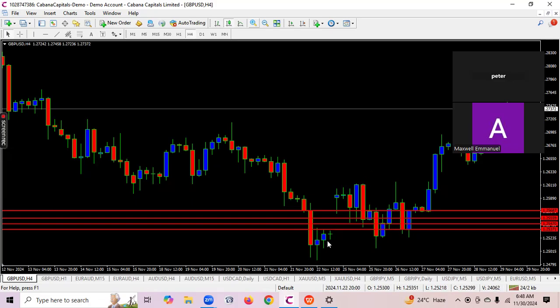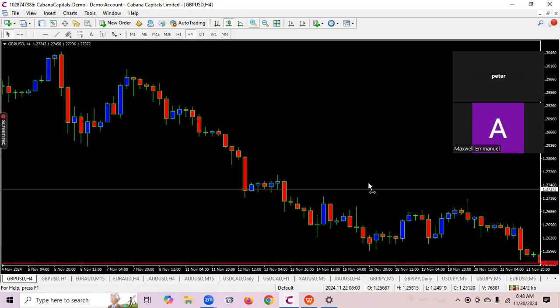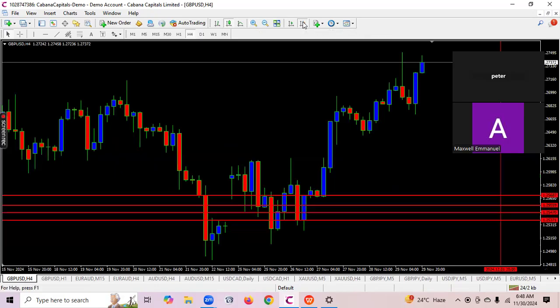Are you with me? So when this pattern forms in a downward trend, you should look out for an opportunity to buy. Now, in this case, this is something you need to also check.